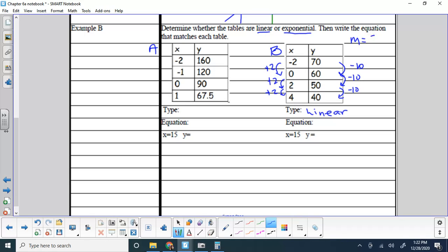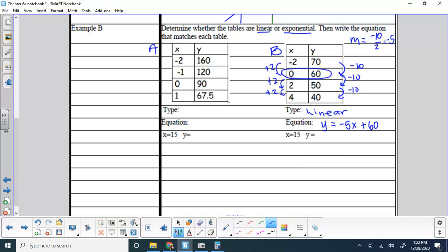And our slope in this case is going to be negative 10 divided by 2, which is negative 5. So we know our slope or m value, and we know that the b value is whatever y was when x is 0. So we have an equation of y equals negative 5x plus 60.